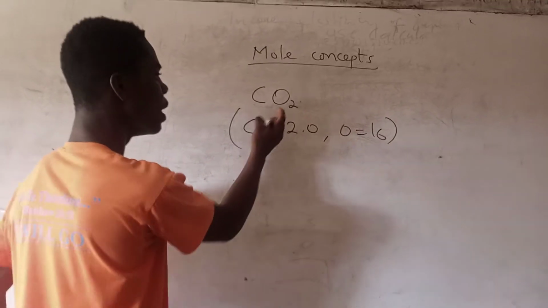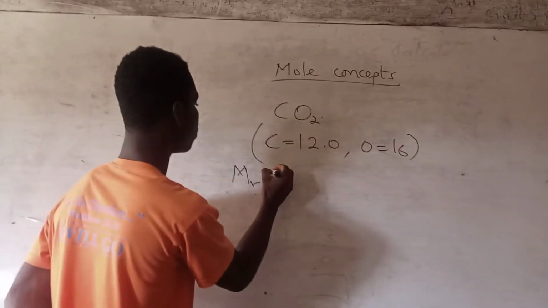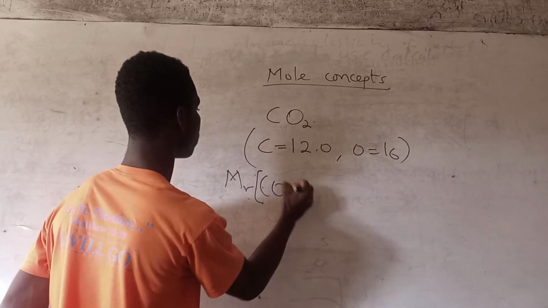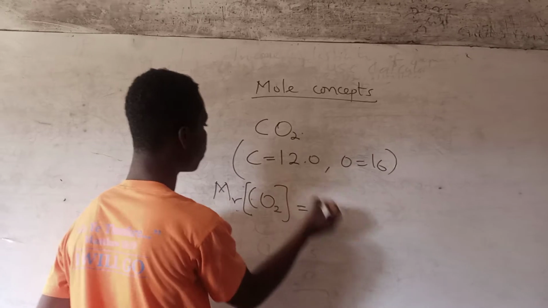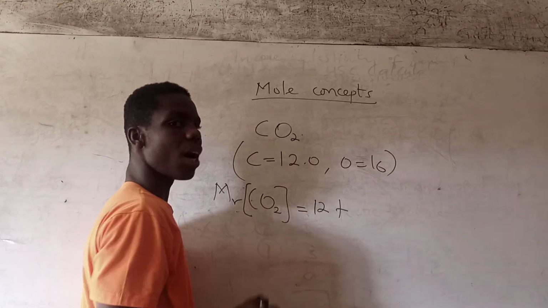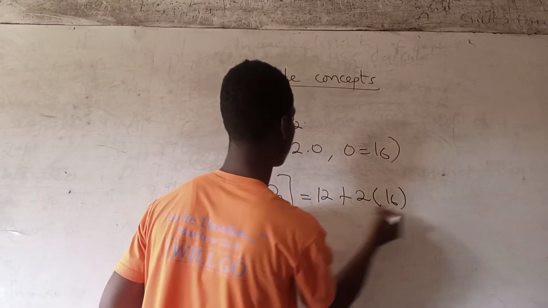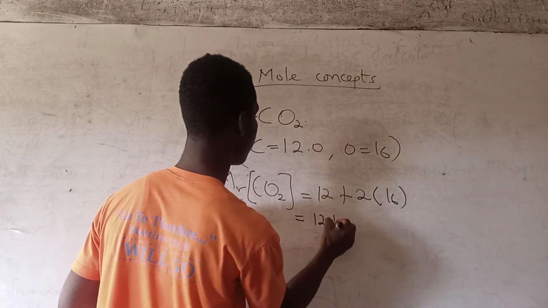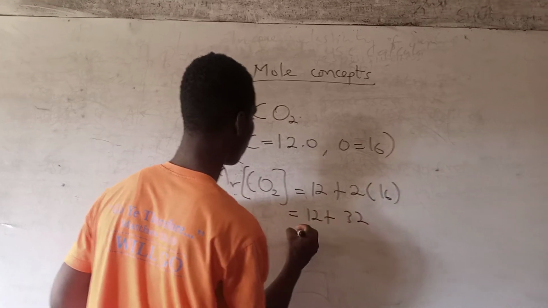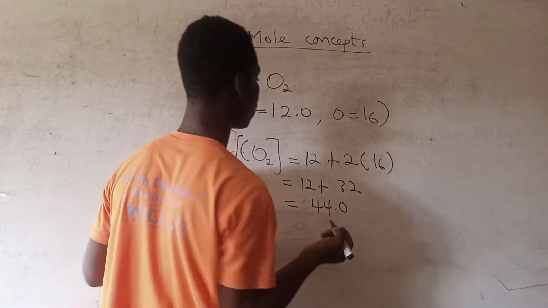To find the relative molecular mass, Mr of CO2 is equal to carbon, 12, plus 2 atoms of oxygen, so 2 times 16. You get 12 plus 32, making 44.0.